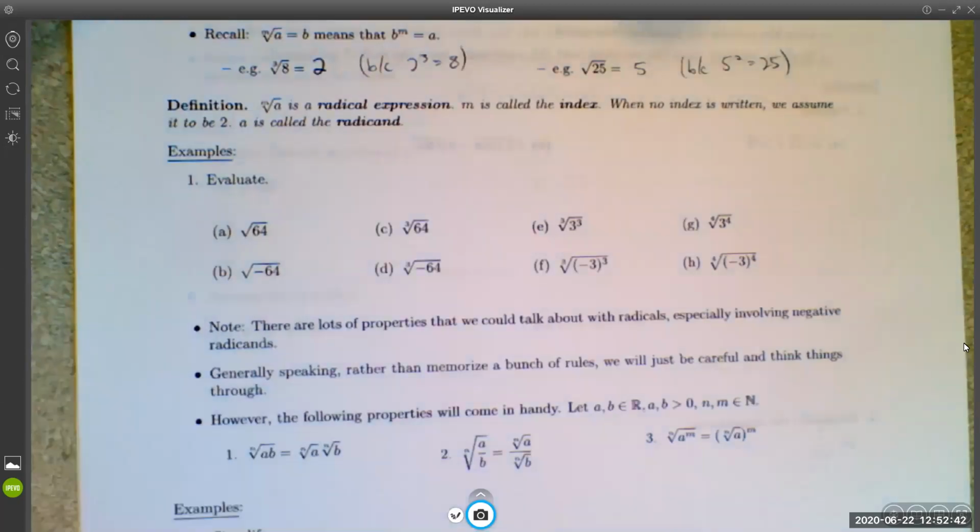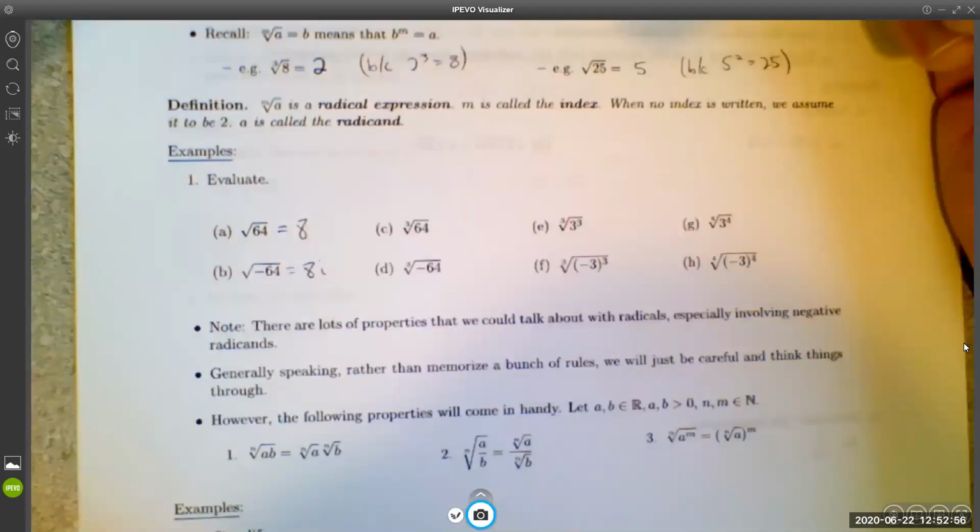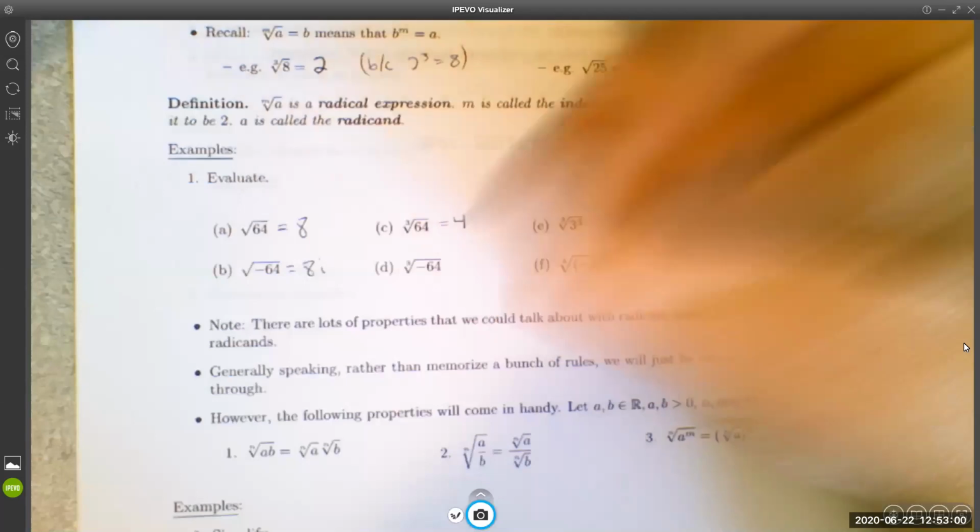Square root of negative 64 is 8i, right? Cube root of 64 is 4. Cube root of negative 64. If you wrote 4i, your heart was in the right place. Think about it, right? Negative 4 times negative 4 is positive 16.